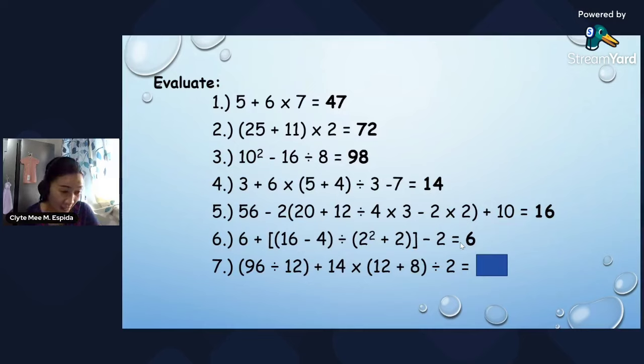Okay, Cyril, you have 148 with a question mark. So see to it that we are sure with our answers. You'll say 148, sure na. Okay, so be confident with your answers.